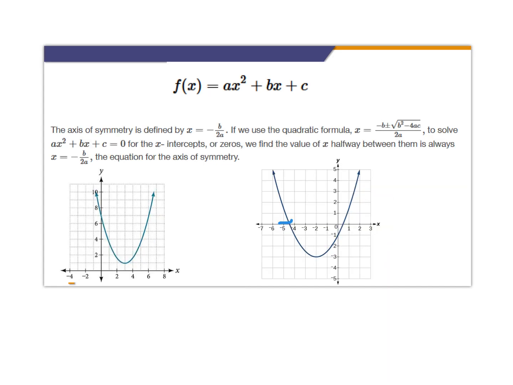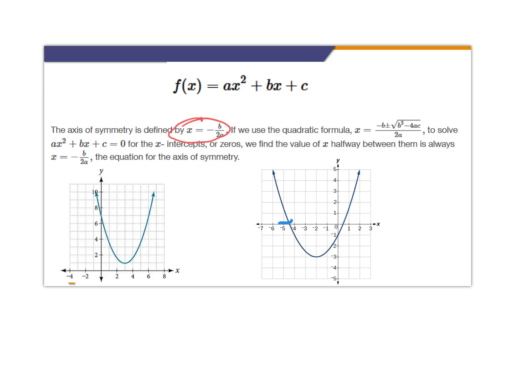So going back, let's look at f of x equals ax squared plus bx plus c. There's a lot of things we can talk about. For instance, we have two formulas that we will want to be comfortable with. We have the formula for the x value of the vertex. That would be this one right here. Let me just draw it without writing over everything. X equals the opposite of b.